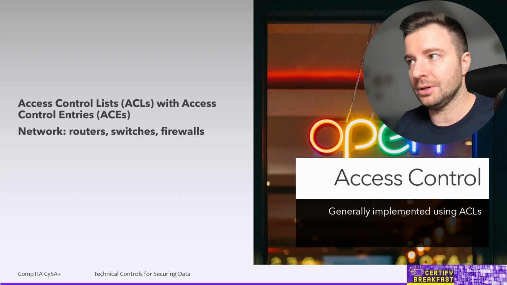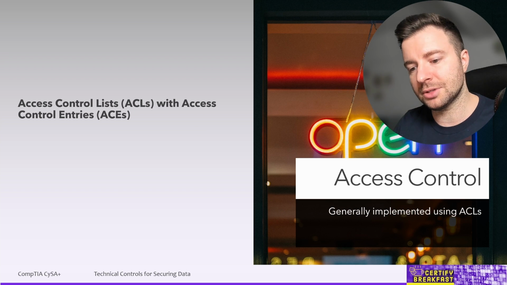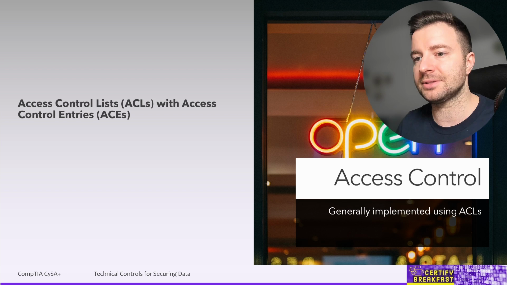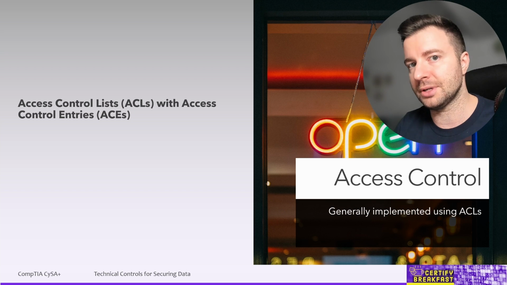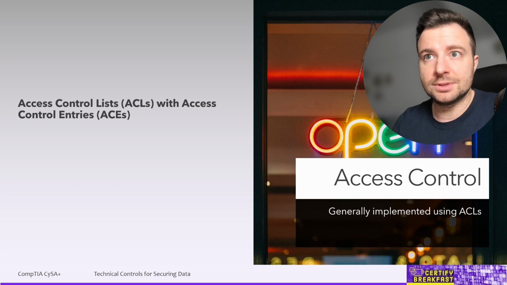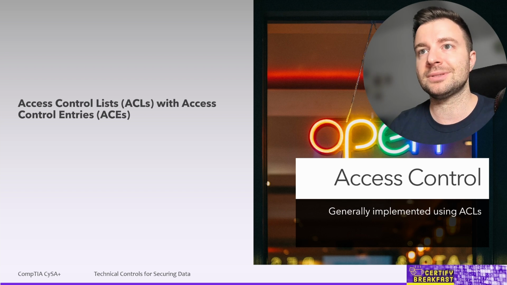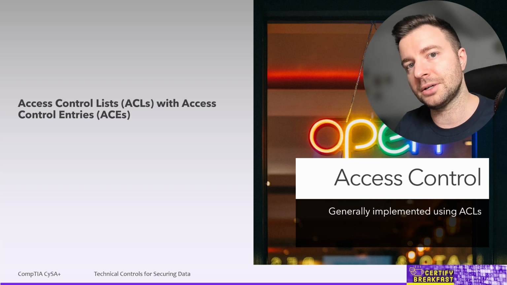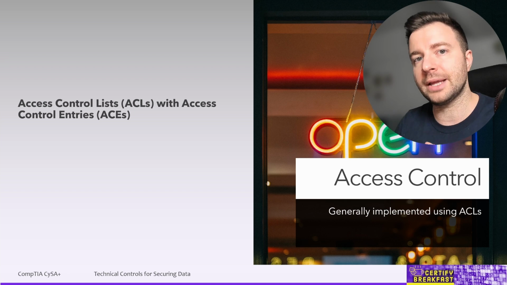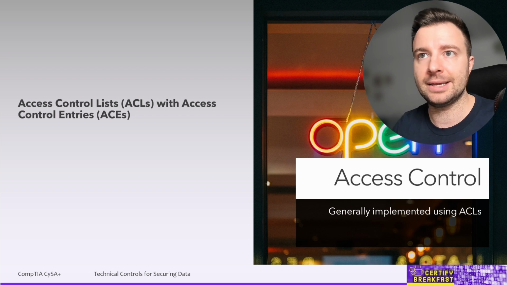And generally, when we think about controlling access, we're going to implement this type of control in software in a structure that is called an access control list. Now, the access control list, or the ACL, includes a list of who is allowed to access the resource and what permissions they might have. Each record inside such a list is called an access control entry, or an ACE.